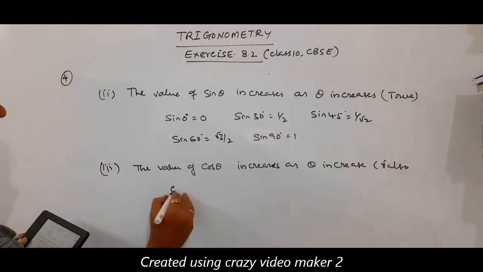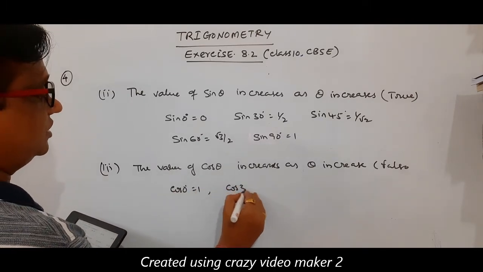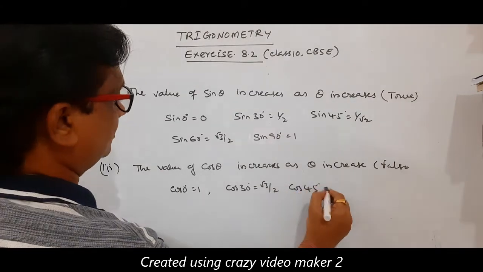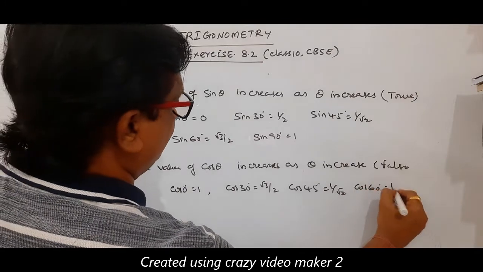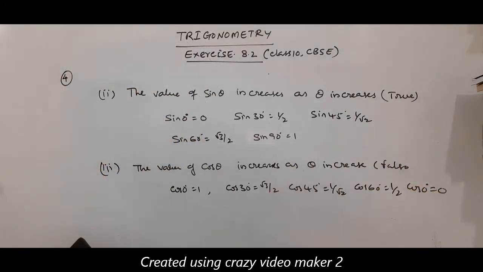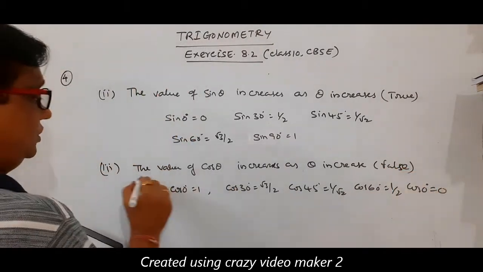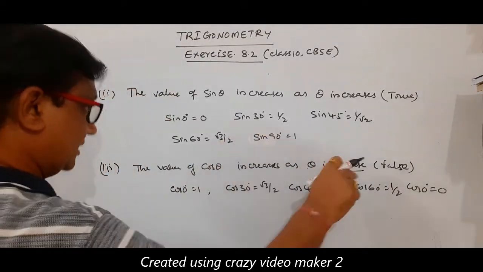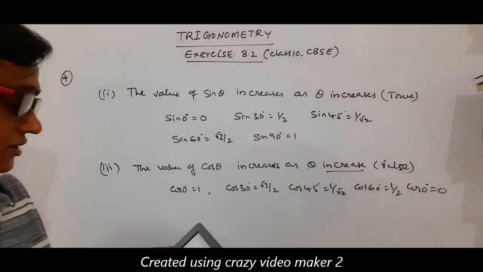See, it starts with 1, and cos 30 is root 3 by 2, cos 45 is 1 by root 2, and cos 60 is 1 by 2, and cos 90 is 0. So it is decreasing order. So totally it is false. The correct statement is that the value of cos theta decreases as theta increases. This is the third question.